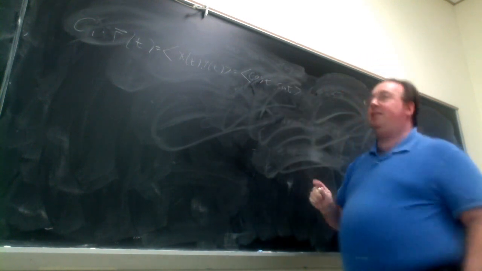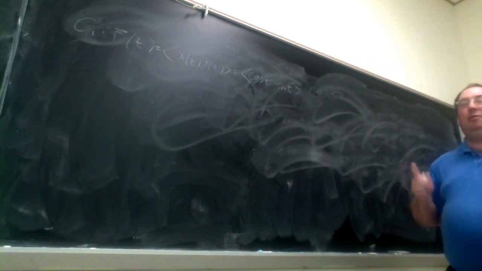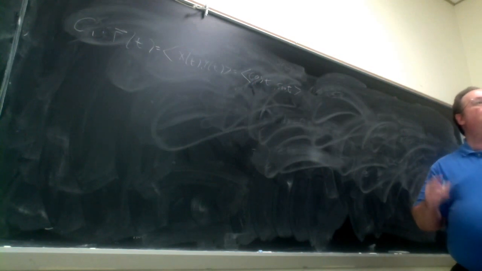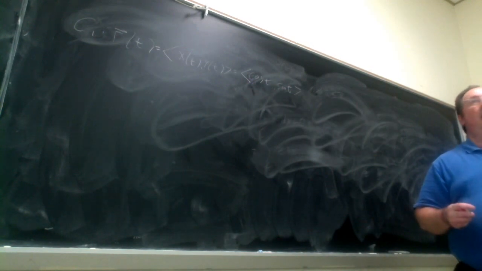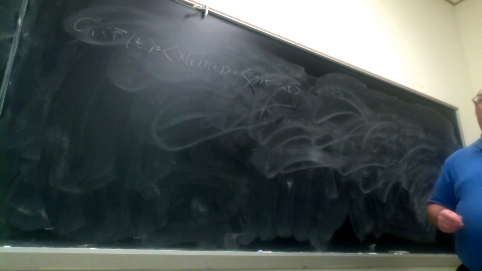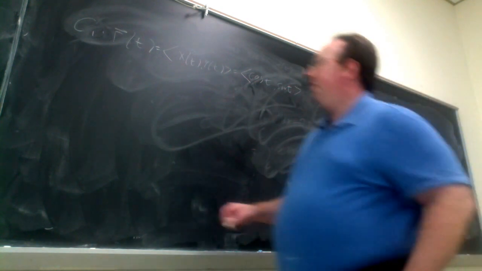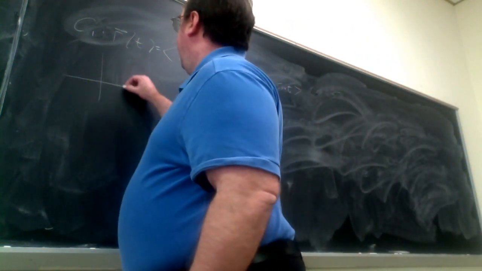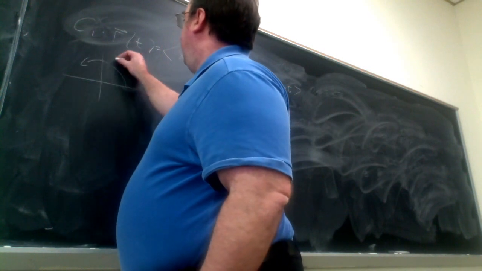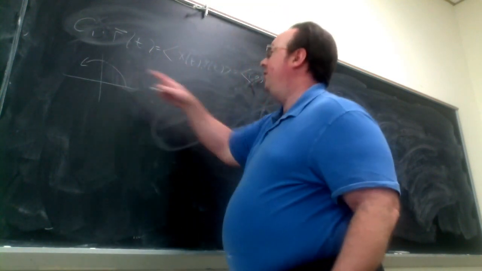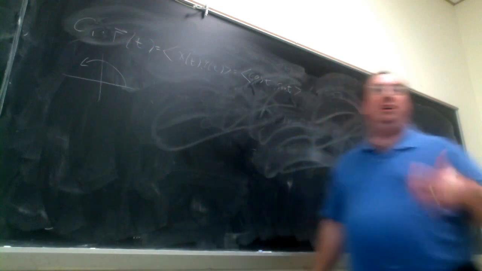Now, the thing to keep in mind is, this not only will trace out a circle, but it will do it in the direction that we need, because the problem specifies counterclockwise, starting from this point, so it's convenient.